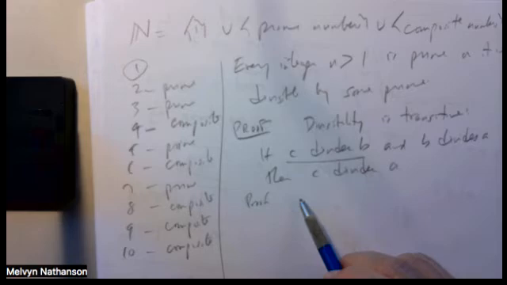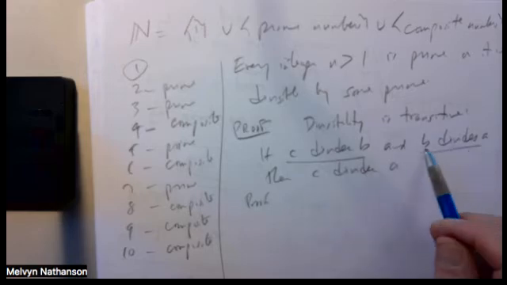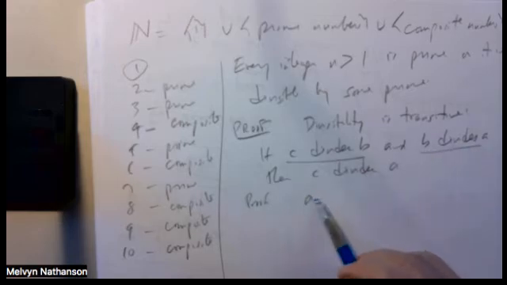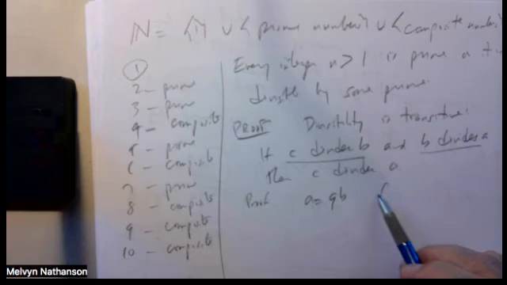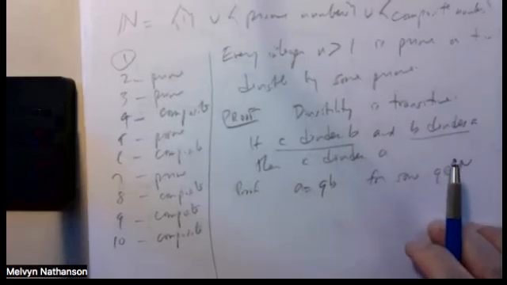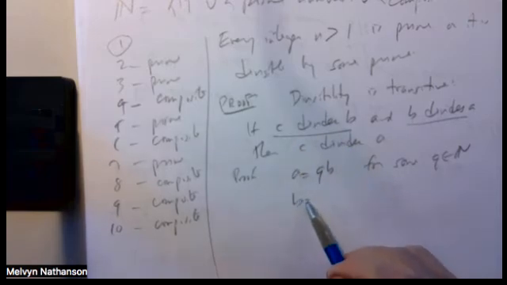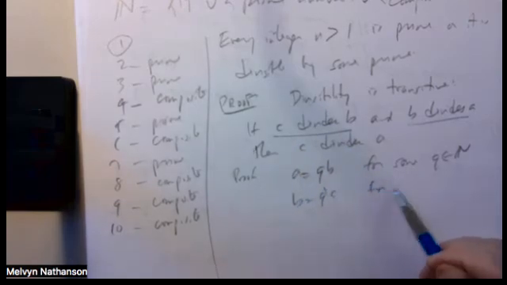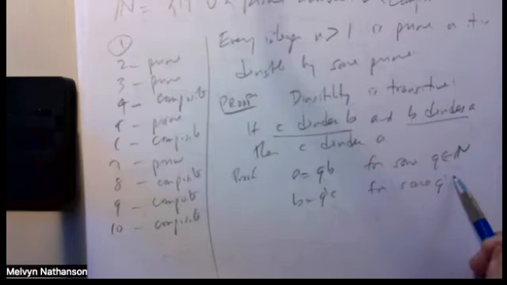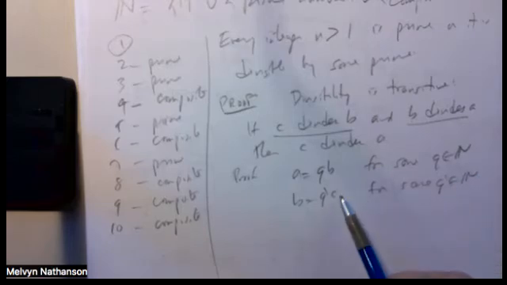If b divides a, that means a is qb for some integer q. If c divides b, b is q prime times c for some integer q prime.